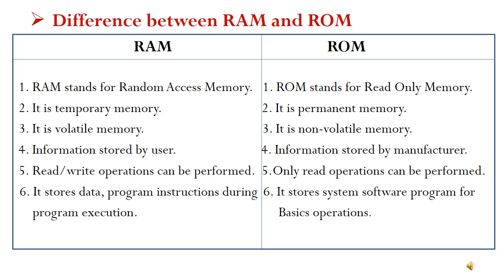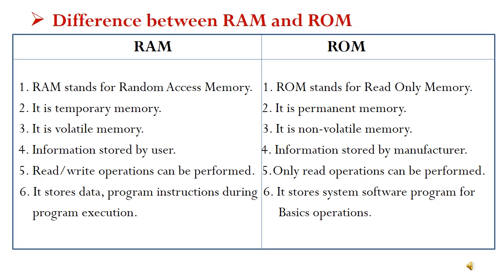Next, the difference between RAM and ROM. First, RAM stands for Random Access Memory, and ROM stands for Read Only Memory. Second, RAM is a temporary memory and ROM is a permanent memory.